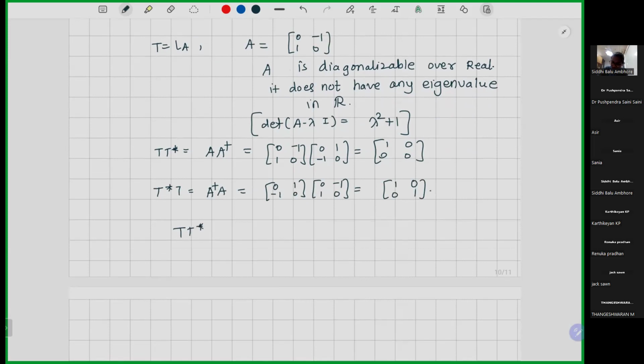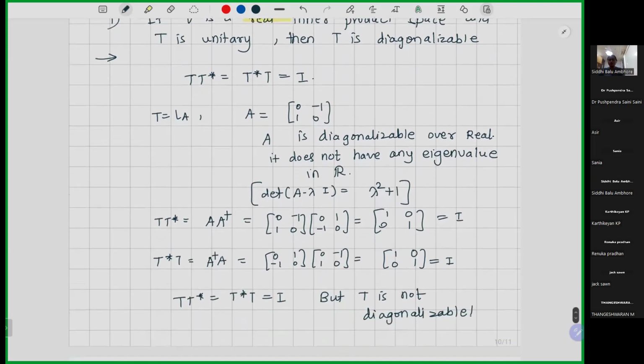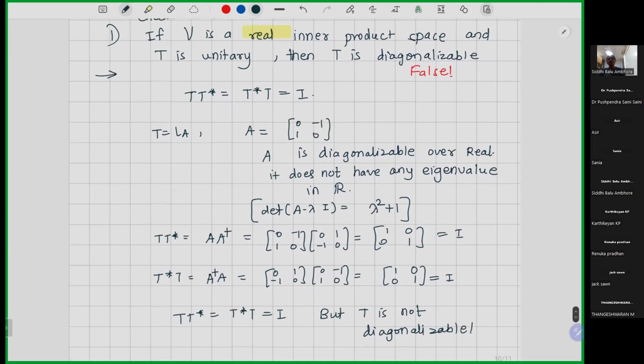So T star T is identity, and T T star is identity, but T is not diagonalizable. We know that this matrix is not diagonalizable. So this statement is false. It does not always hold that if T is a unitary linear operator, then T will always be diagonalizable. That is not true.